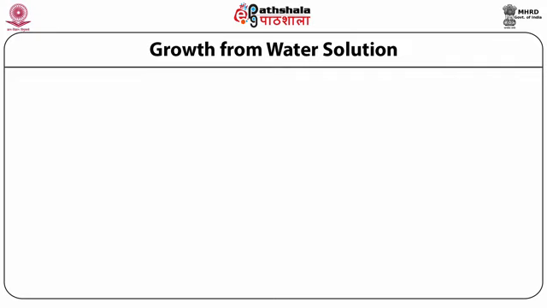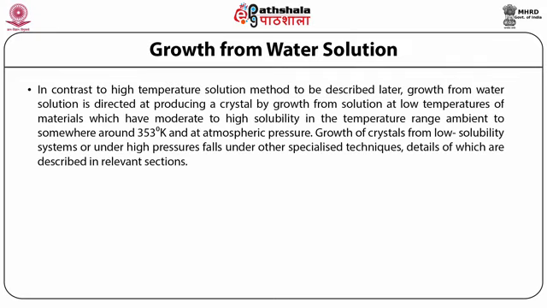Growth from water solution. In contrast to the high temperature solution method, to be discussed later, growth from water solution is directed at producing a crystal by growth from solution at low temperatures, of materials which have moderate to high solubility in the temperature range ambient to somewhere around 353 K and at atmospheric pressure.